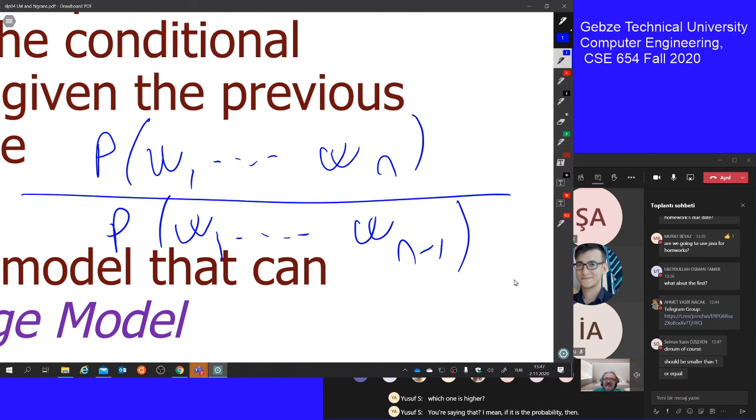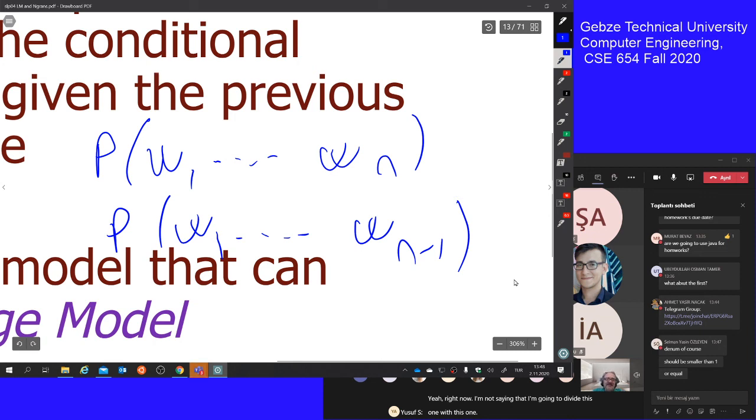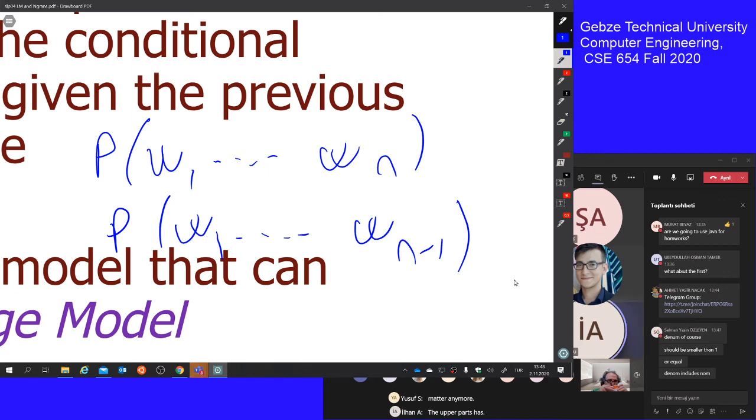But I'm not saying that I am going to divide this one with this one. Which one is higher, the upper part or the lower part? It is not the numerator, denominator anymore. The upper part has n words, which is more than n minus 1, so it should be a smaller probability, right? Yes. I mean, we can do an experiment.